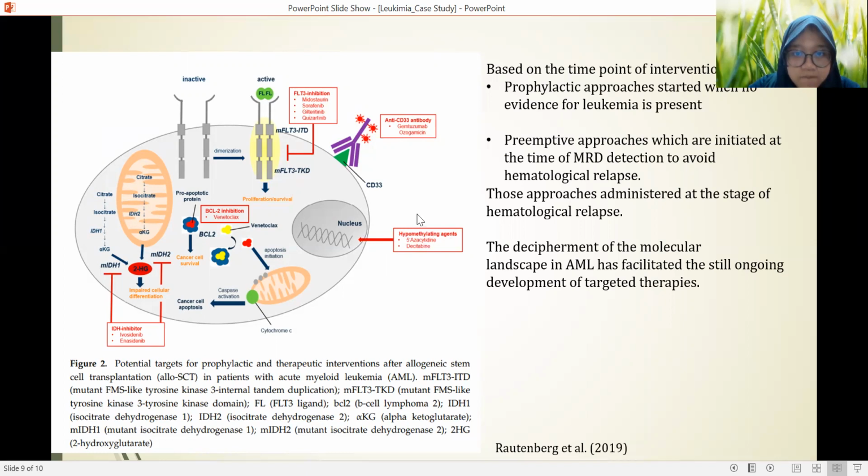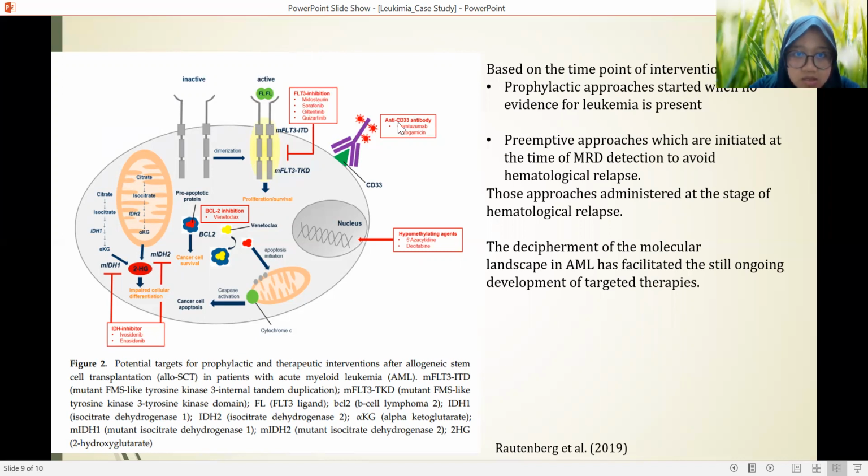This is the therapy, chemotherapies, including FLT3 inhibition. FLT3 is a gene that plays an important role in leukemia disease forming.